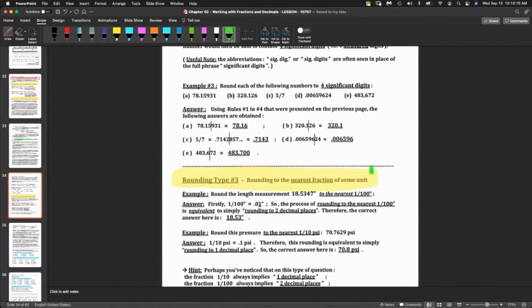Let's say you're measuring a door jamb, and you want to put some molding at the top because the old molding broke or is damaged, and you measure it in meters and centimeters.